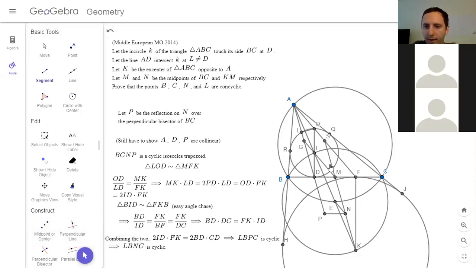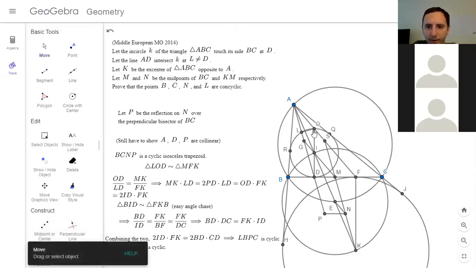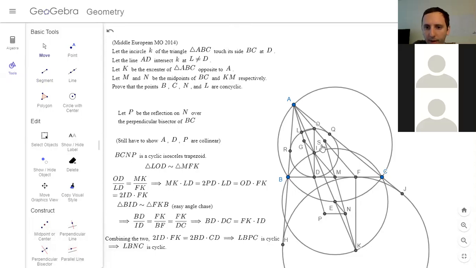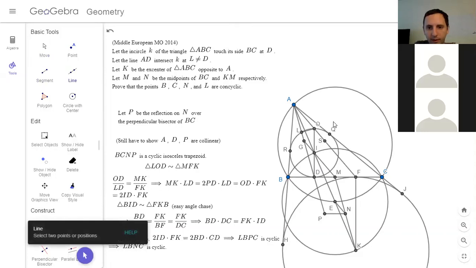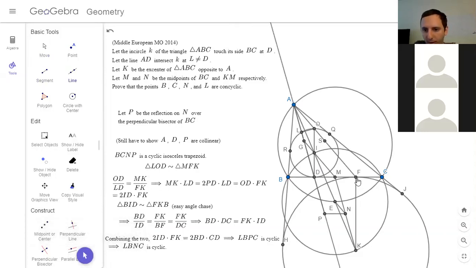So we want to show that S, M, and K are collinear, basically. I kind of like that idea.